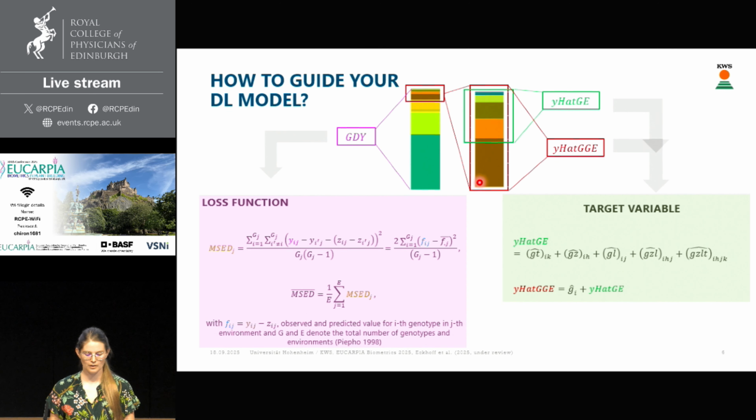But if you remind yourself and you look at this plot of the variance components again, then it will become obvious to you that the main driver, or what dominates that residual, will very likely be the environmental main effects and their interactions, and not the G. Now, our idea was to replace exactly this loss function with something like the mean squared error of the difference between genotypes within an environment.